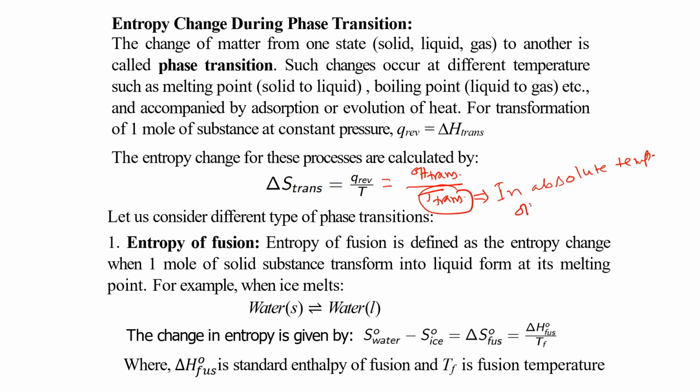And delta H transition, as I mentioned, is positive when heat is given to the system, and it is negative when heat is released by the system.